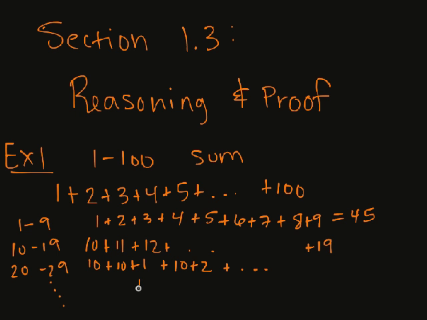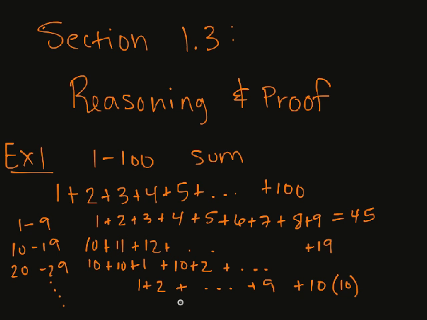So I'm adding the numbers 1 through 9, and I'm also adding 10 how many times? 9 times, right? Oops, sorry, rather 10 times, because I added in 10, 11, 12, all the way up through 19. So I've added 10 ten times.